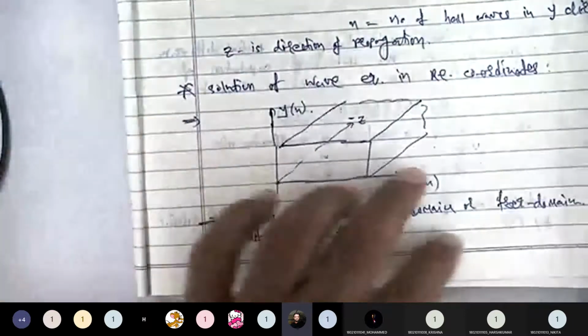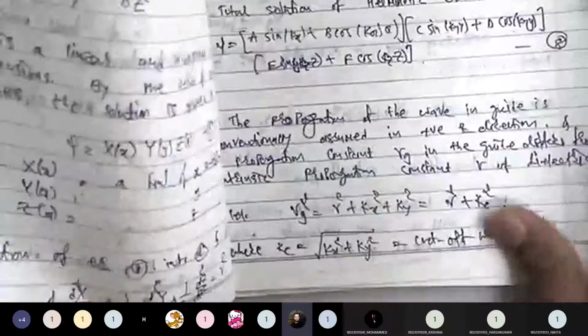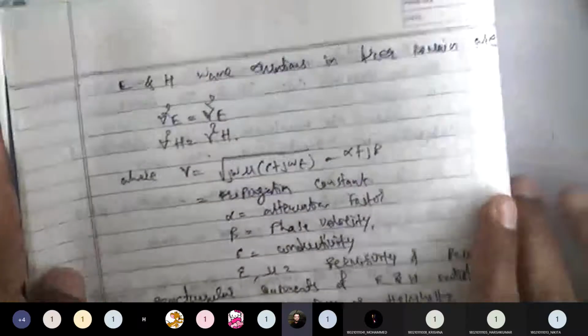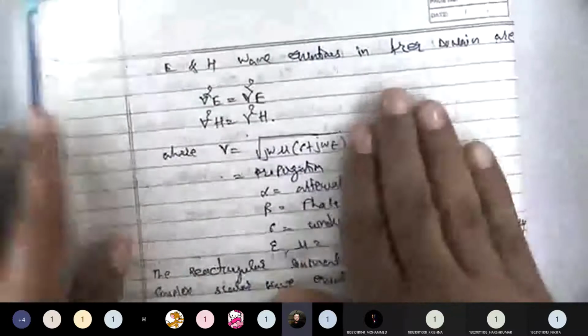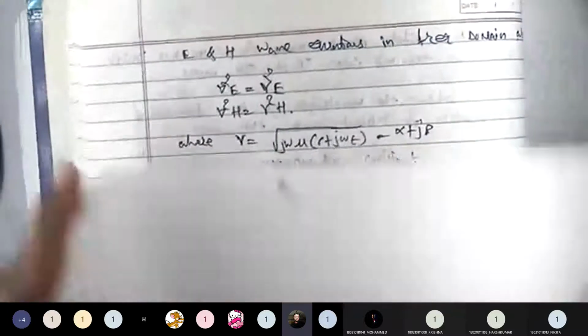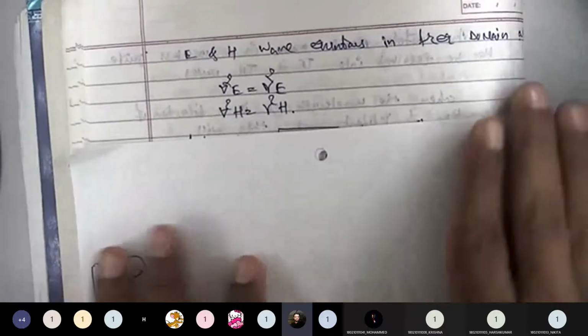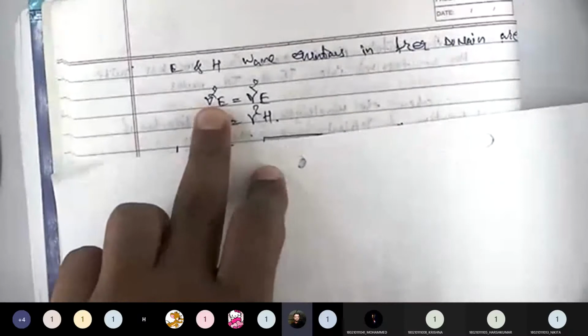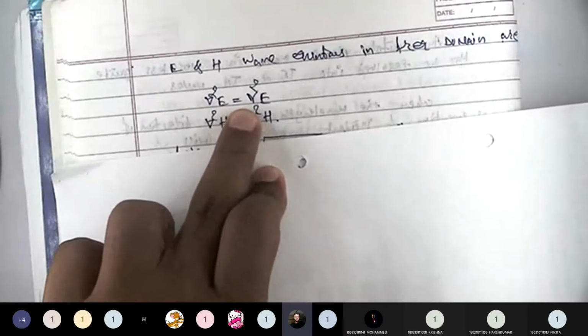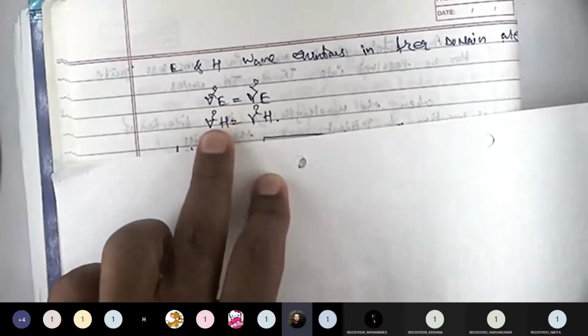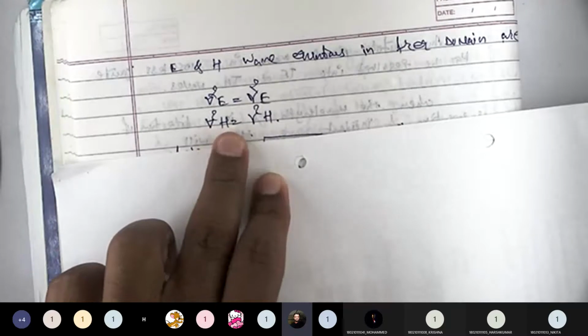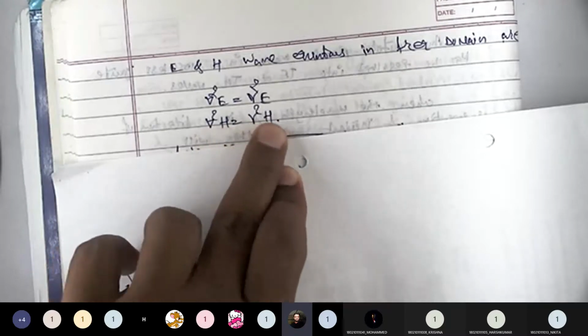I think I have already explained that in our last class we discussed the two main equations. These are the two E and H field equations. The first is del square E equals gamma square E, and the second is del square H equals gamma square H.